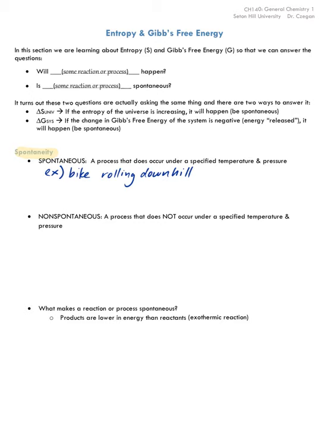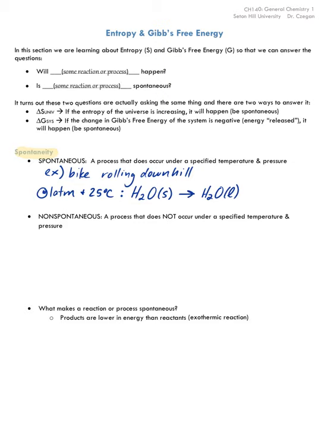A more chemical example would be if we specify we're at 1 atm and 25 degrees Celsius. The process of H2O solid, ice, going to H2O liquid is spontaneous, right? We know ice, if we put it on our counter, will melt.